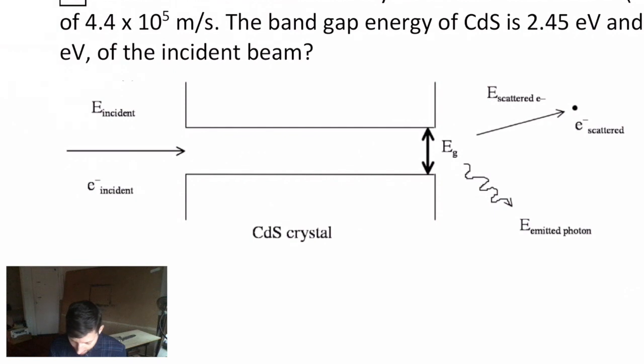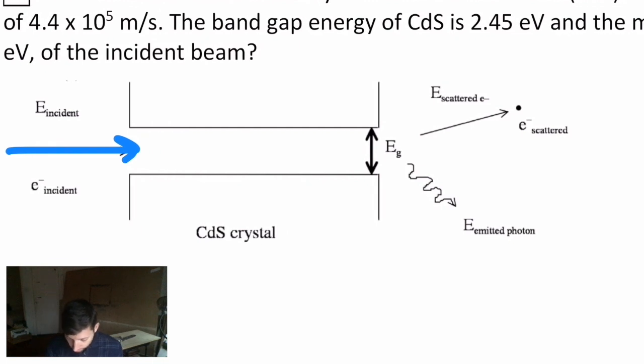So what's actually happening here is you have an incident beam with some energy, and that's what we're asked to calculate. We are crossing the band gap energy, but then we also have these scattered electrons, and as a result they move. So this is analogous to the photoelectric effect, where you shine light on a surface and it has enough energy to excite an electron through some quantized amount of energy.